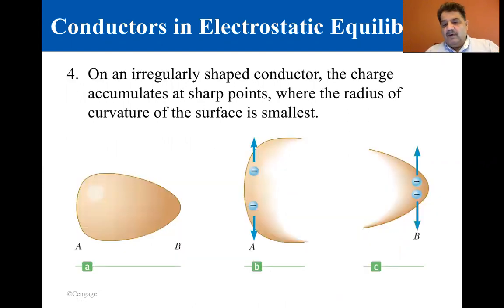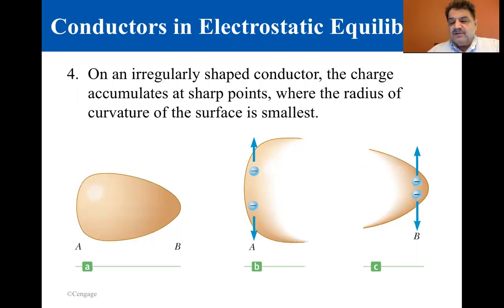Okay, number 4: on an irregularly shaped conductor, the charge accumulates at sharp points where the radius of curvature of the surface is smallest. To see why property 4 must be true, consider the figure on the left, which shows a conductor that is fairly flat at one end and relatively pointed at the other. Any excess charge placed on the object moves to its surface.